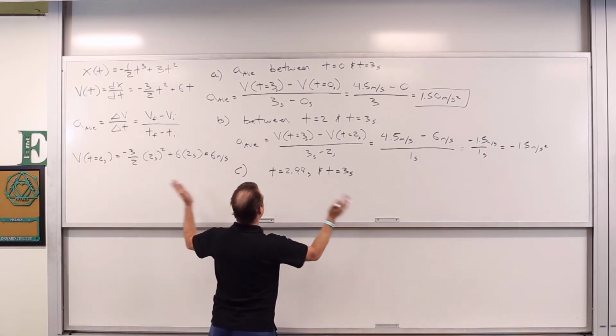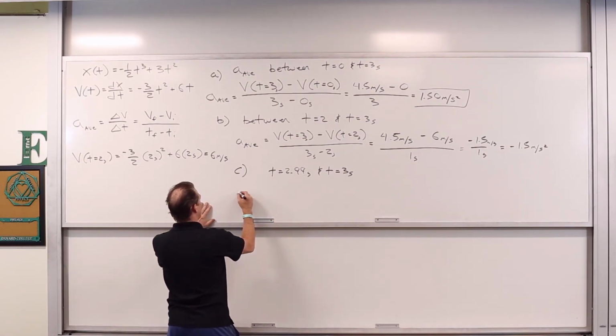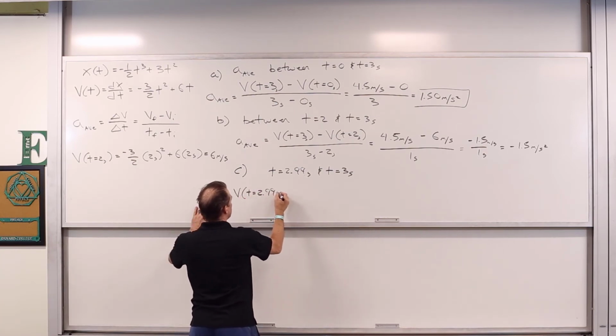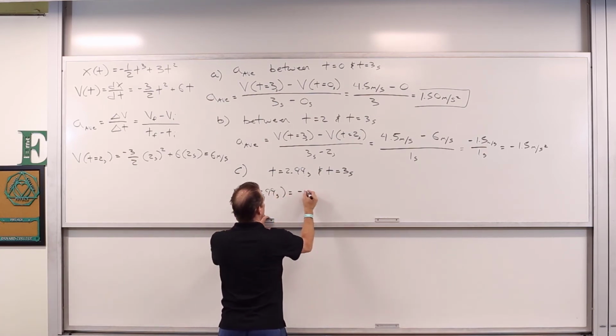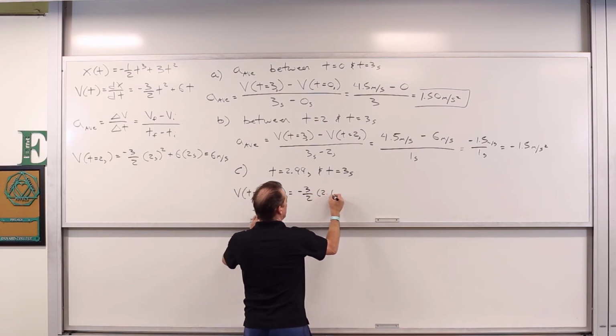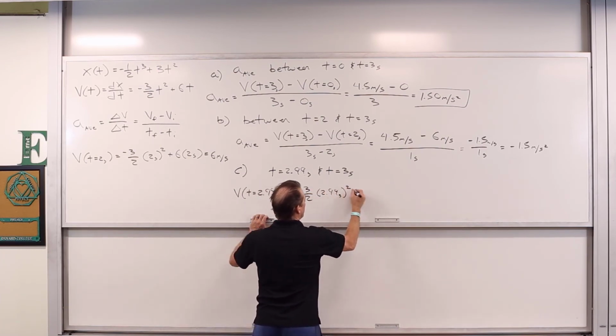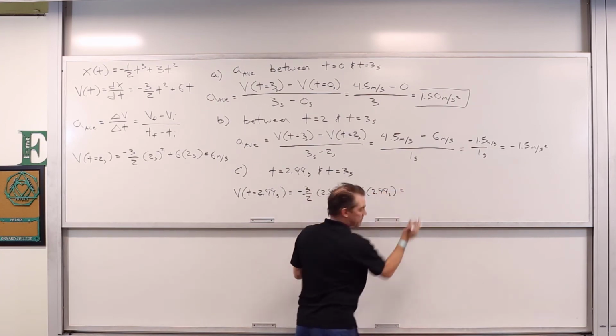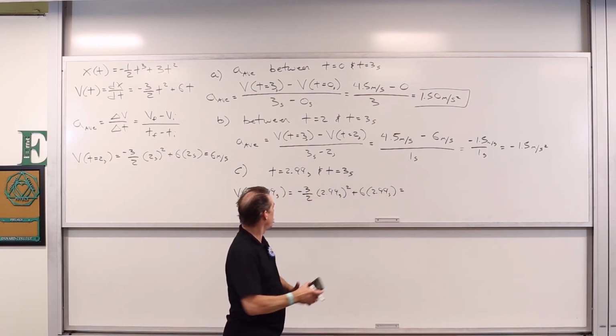And what do we do with this? We're going to calculate v of t at t equals 2.99 seconds. That is going to be negative 3 halves times 2.99 seconds quantity squared plus 6 times 2.99 seconds.